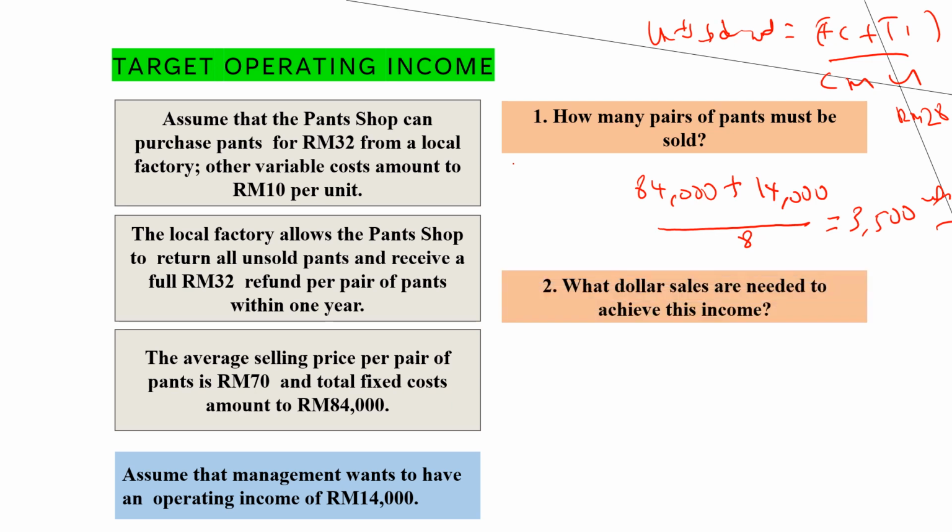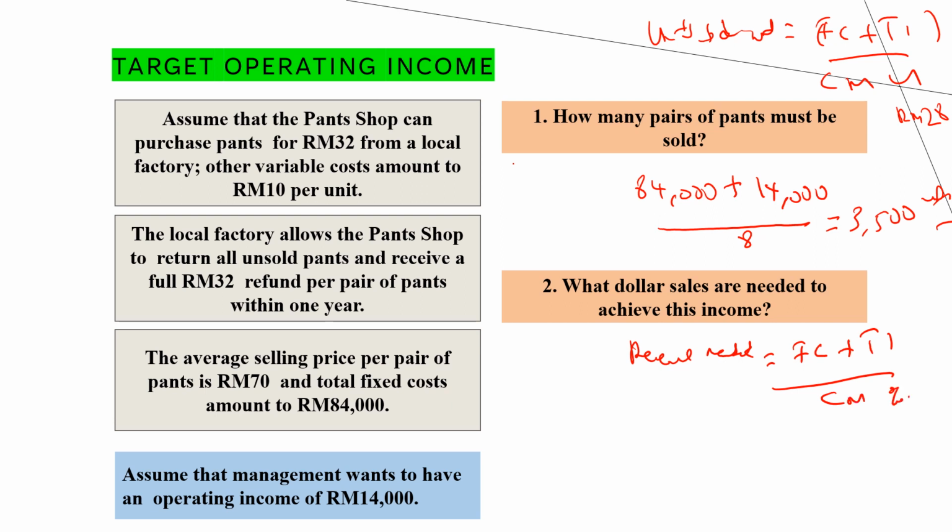And then second, what dollar sales are needed to achieve this income? How much in ringgit Malaysia, the values in terms of value. To get this, the formula is revenue needed equals fixed cost plus target income divided by the contribution margin in terms of percentage.